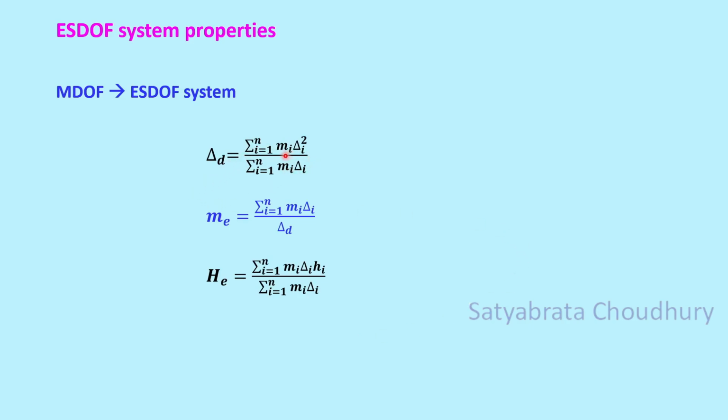Mi is the mass in the ith floor, delta I is the displacement in the ith floor that we discussed in the immediately previous slide. M is the effective mass, delta D is the design displacement, and H is the effective height. Since all the parameters involved in the three equations are known to us in the beginning, we can calculate all these equivalent single degree of freedom system properties.